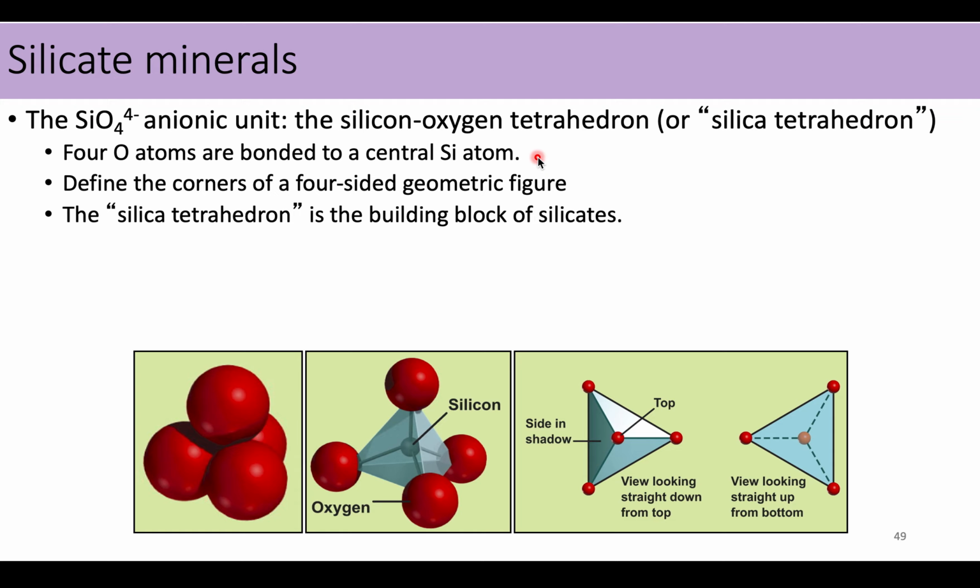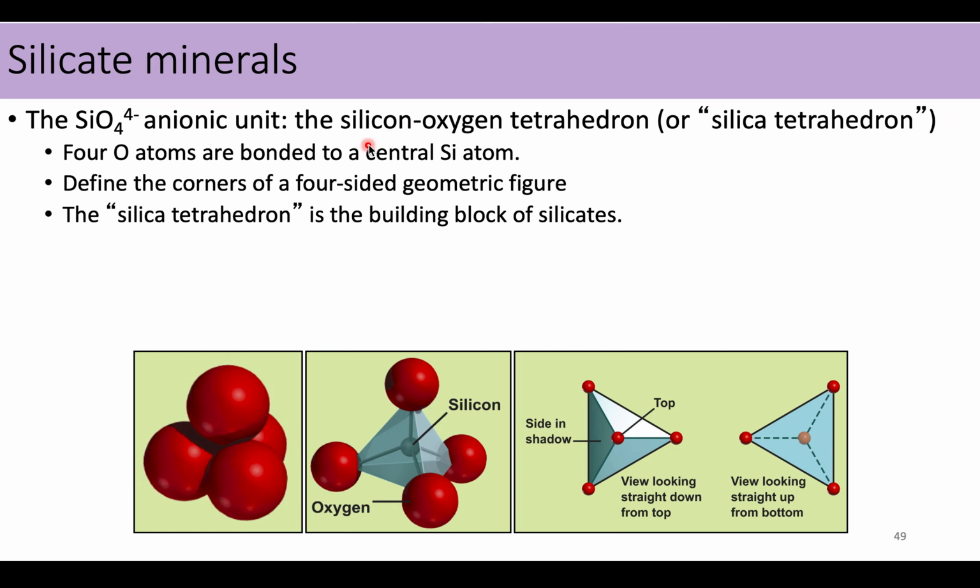Silicate minerals make up most of the minerals on Earth in the crust and in the mantle. Silicates are called silicates because they have the SiO4 anionic unit. We're going to get into just a brief review of chemistry here.